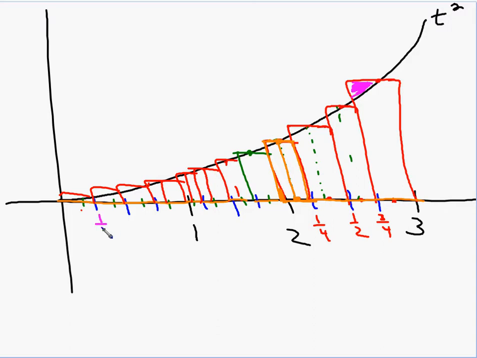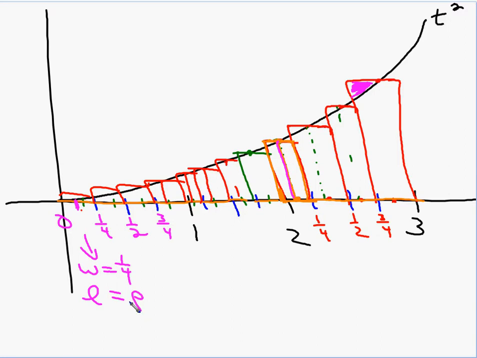So let's look at this very first one. I said that this was 1/4, then 1/2, then 3/4. And I said we were going to use this midpoint. So what's the midpoint between 0 and 1/4? Isn't it 1/8? Right? So the width of this rectangle is going to be 1/4. The length of every one of these rectangles is going to be the function value at that midpoint.